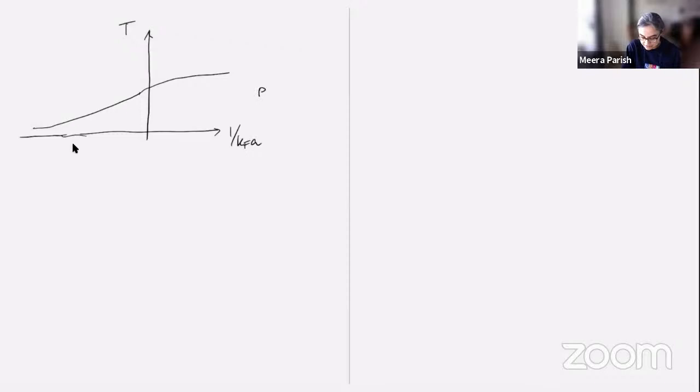Say on here you have the BEC side, so you have some sort of flattened out curve. Certainly if you set some particular temperature and then ramped across like this, you'll encounter a phase transition. But it's a finite temperature one.